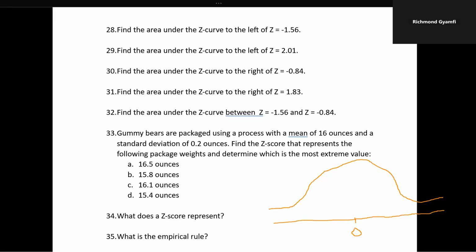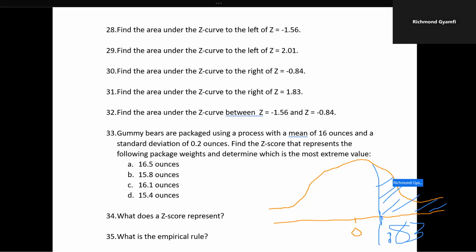All right. So somewhere here, 1.83, and it's to the right.